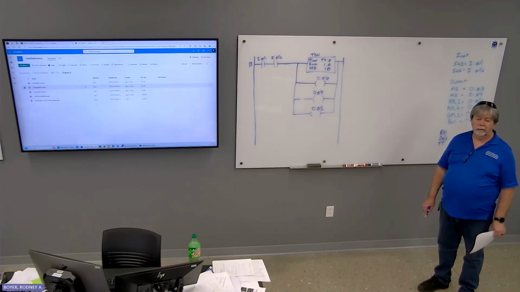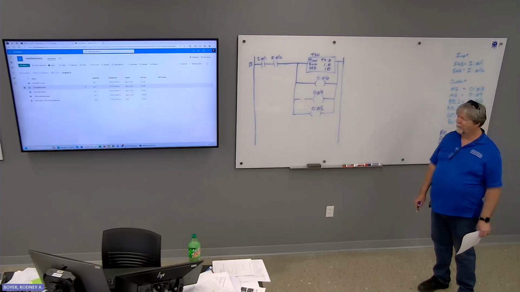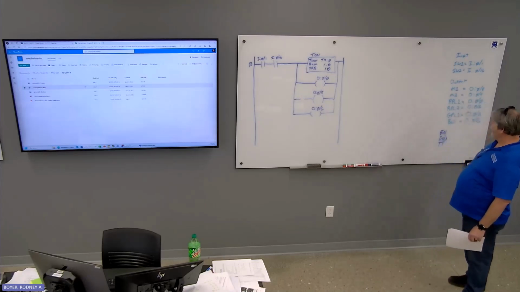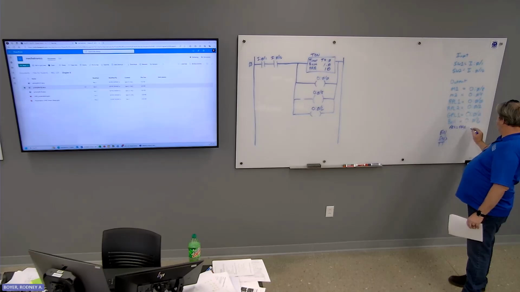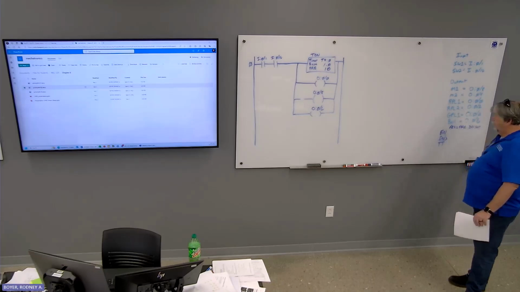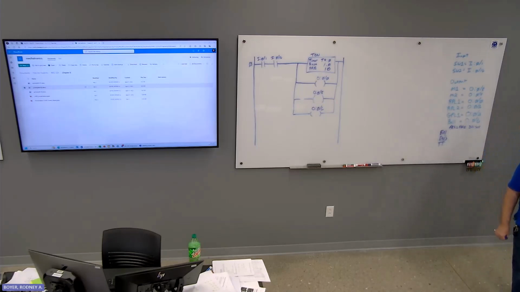Incorrect. Internal. That's the only other option. Yeah, when accumulated equals preset, the done bit will set. Okay?